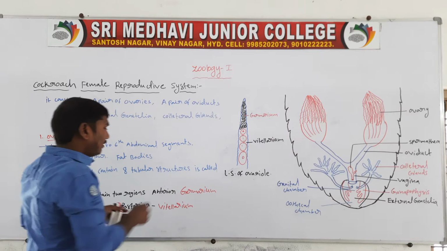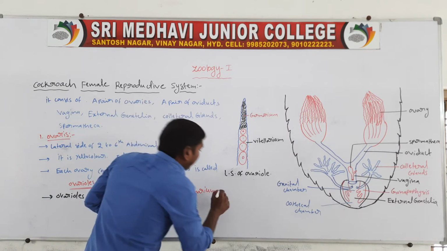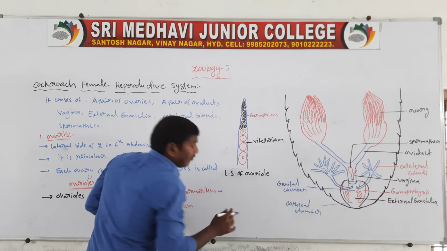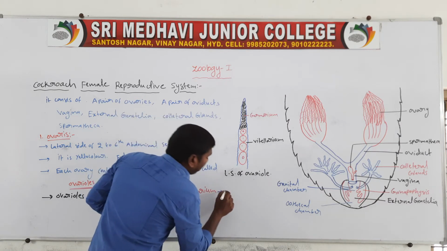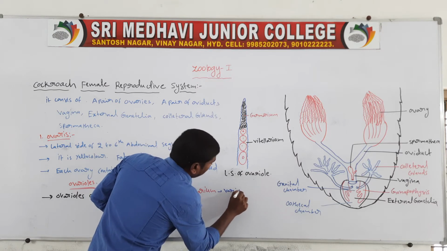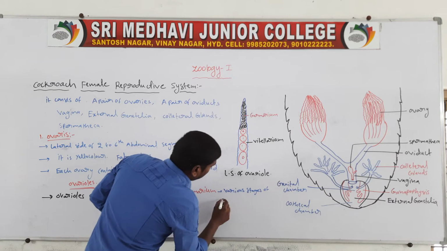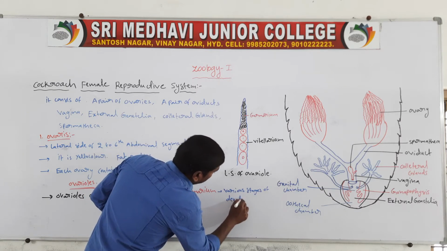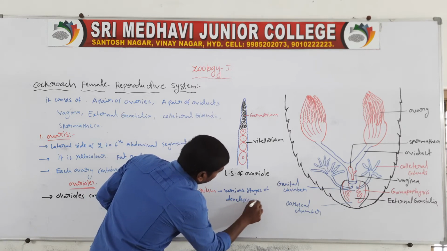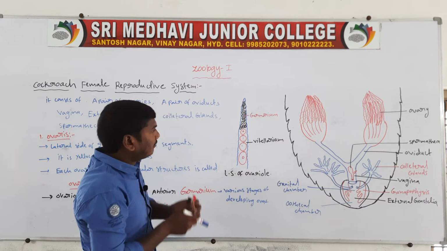The germarium region contains various stages of developing ova. The developing ova are present in the anterior germarium region.